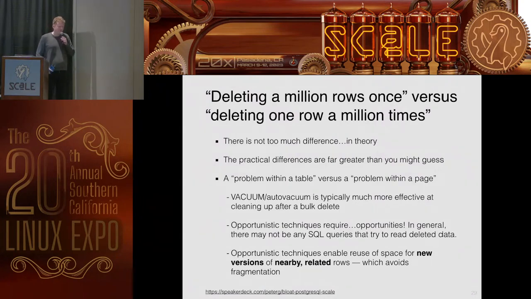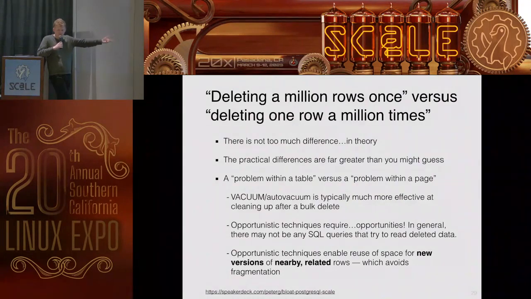opportunistic techniques are good because you reuse the same space very quickly, very incrementally, on demand. It matters where the space is, what the space is used for, and where it comes from. You want to be reusing space locally for related versions if it's updates, and even to some extent if it's deletes. Whereas with a bulk deletion, with one big delete, you just have a bunch of generic free space at that point.